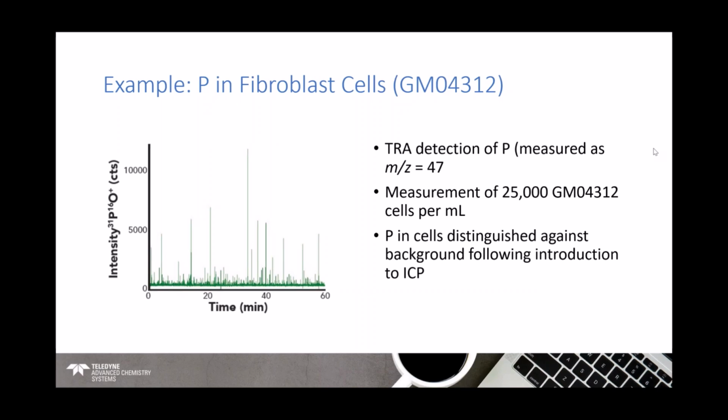Whether that is mass of an analyte per cell or mass of an analyte per population of cells, this capability in ICP-MS for individual cells allows analysis of analytes of interest in cell populations, and it's all about maintaining the integrity of cells as they're introduced into the system.